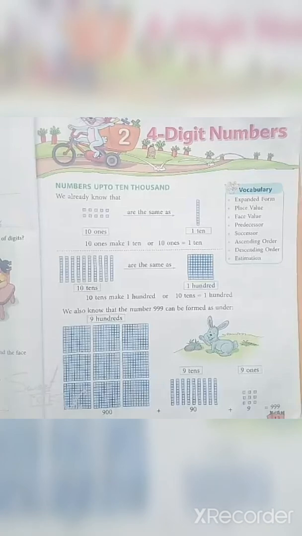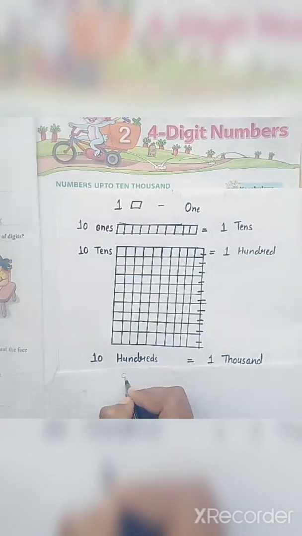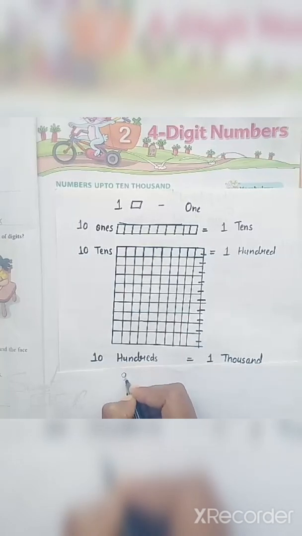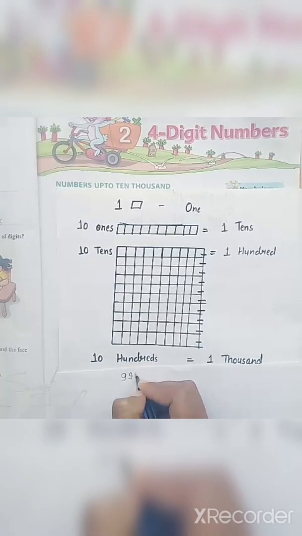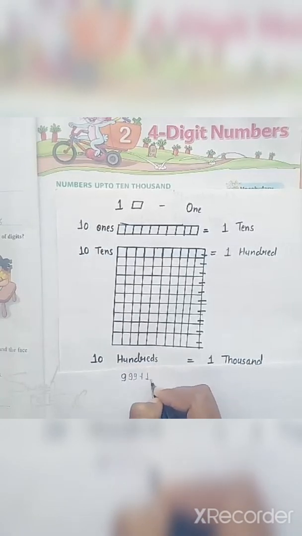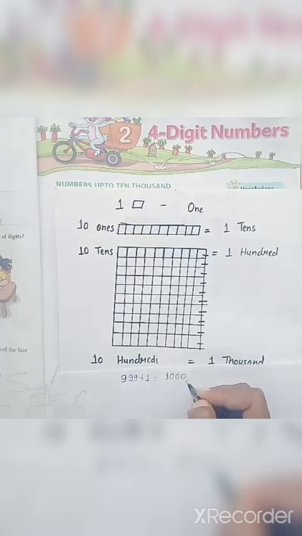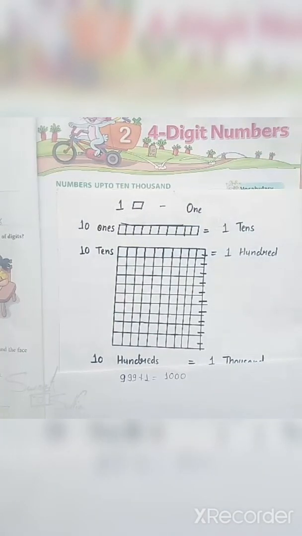Okay, we have studied numbers up to 999. When we add 1 in 999, we get 1000. We get 1000, that is the smallest 4-digit number.